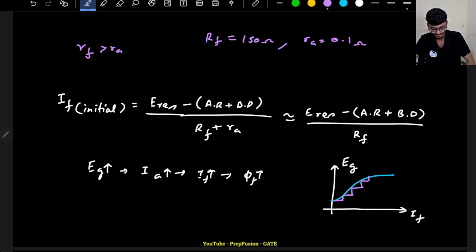So what will be the steady state? If you remember, what is the field current equal to? Field current is equal to EG minus whatever the extra drops, divided by RF.